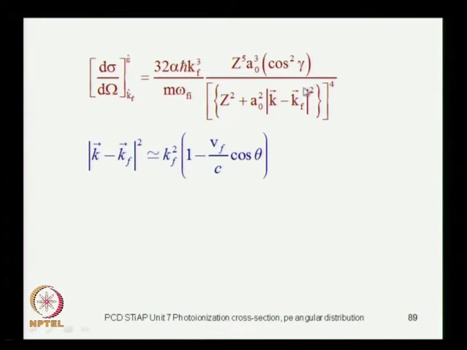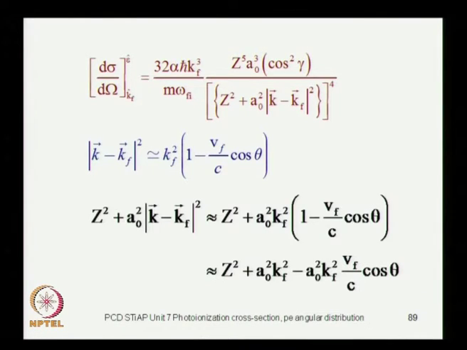We can use this expression over here, where you need the modulus square of k minus kf, which we have shown to be nearly equal to kf squared. That is nearly equal to is within the premise of the Born approximation, and you have in the denominator z square plus a0 square times the square of this modulus. The square of this modulus is now written in terms of this kf square times this, right.